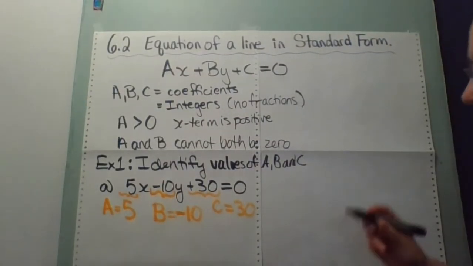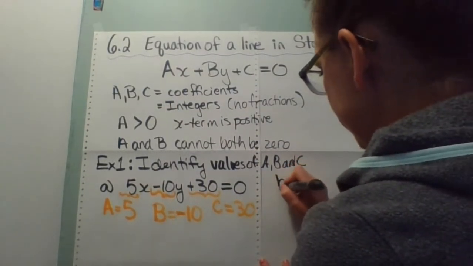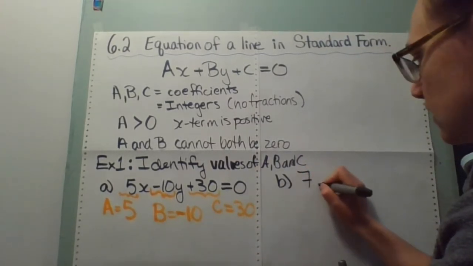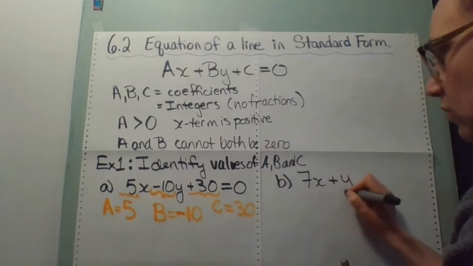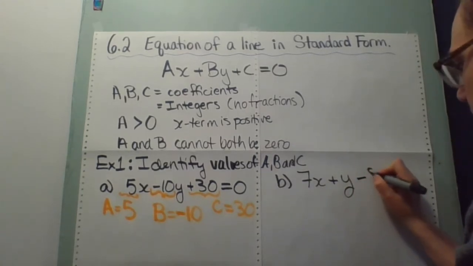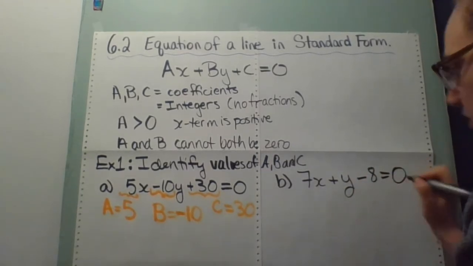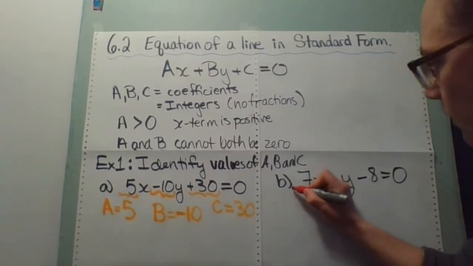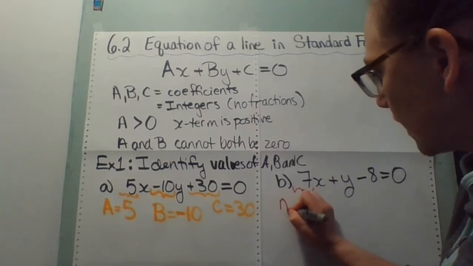Okay, let's try another one. A, B, C, let's say 7x plus y minus 8 equals 0. Okay. So again, we're looking at what the numbers are that are in front of our letters. So the number in front of our x is our a value.